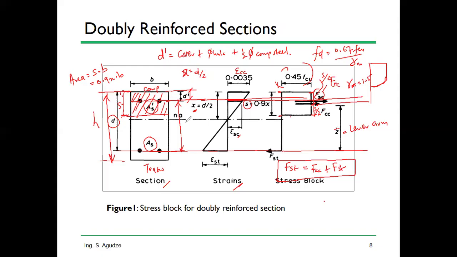From here to the top is D prime. So if I take the overall D and subtract D prime from it, I'll get this distance. Is that okay? All right. So I think this is clear enough. This has been done so that you get a clear understanding of the doubly reinforced section.